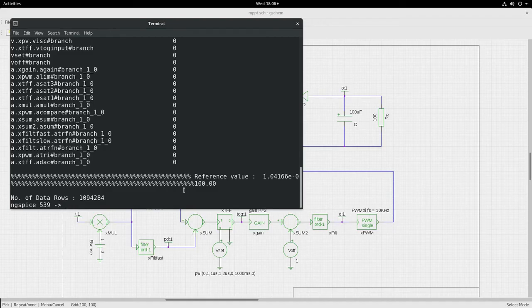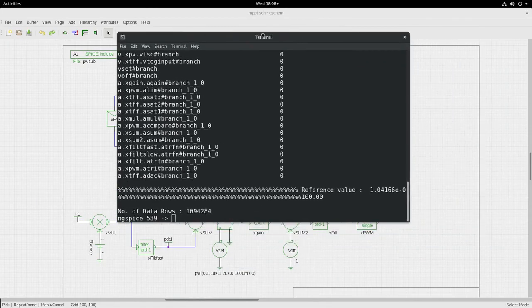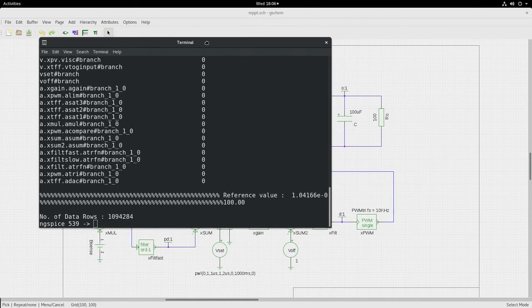Now we can plot and see what the duty cycle value is here. The node for that is VG. We can plot VG and see. Now that would be switched pulses. Instead I will plot VD here, which is the DC input to the PWM.